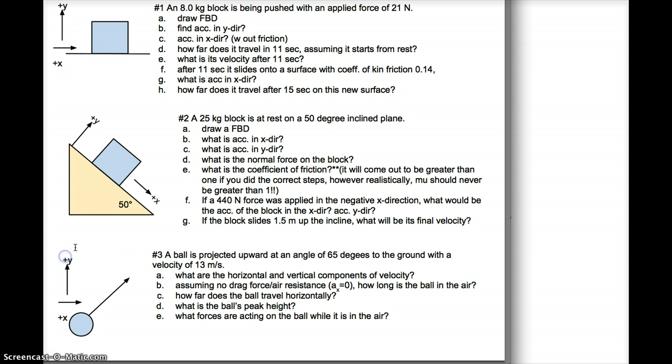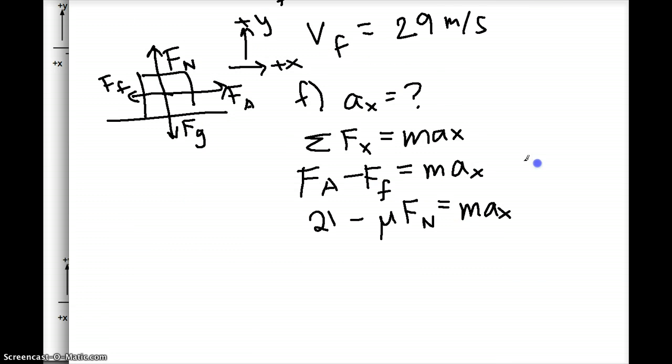Mu is given as 0.14, and remember there's no units to mu, it's just a ratio. It tells us by how much the force of friction affects a sliding object with respect to the normal force that that object has between the surface and itself.